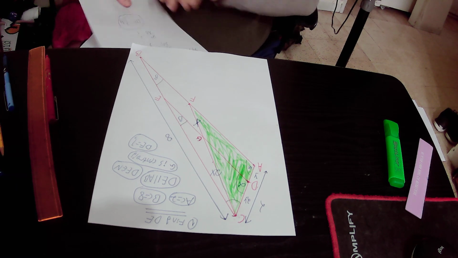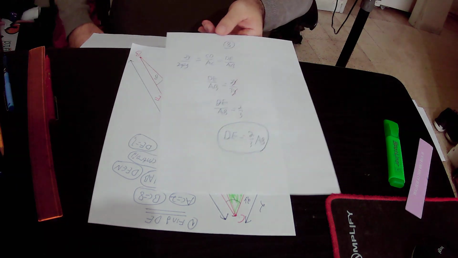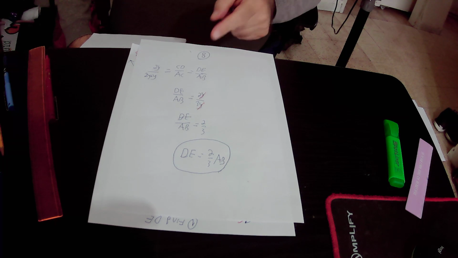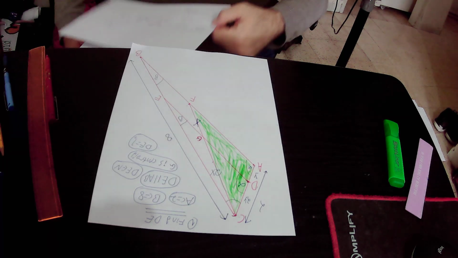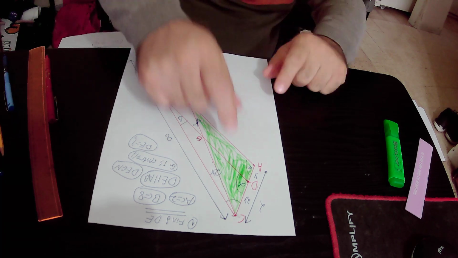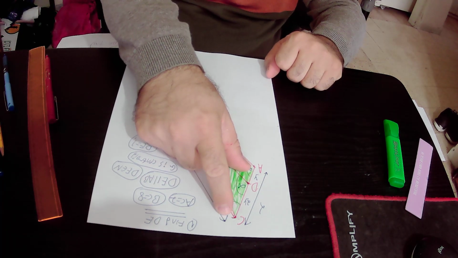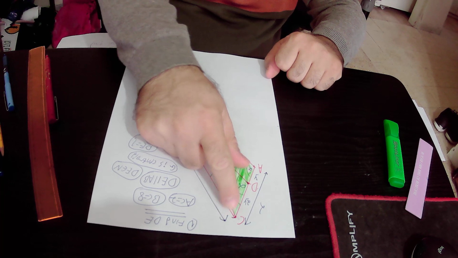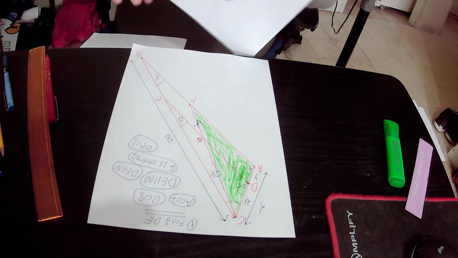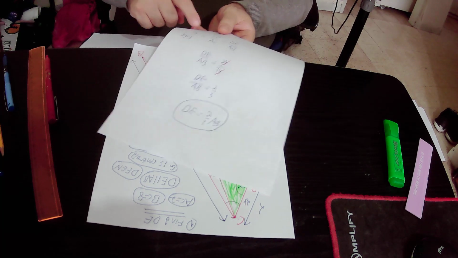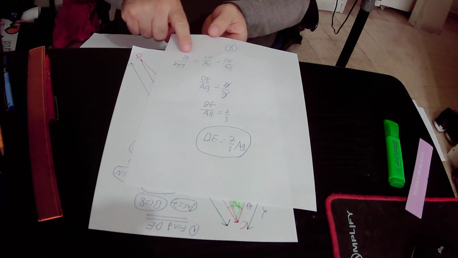CD over AC equals DE over AB. But what is the value of CD? The value of CD is 2y. So here we can write down that CD equals 2y.